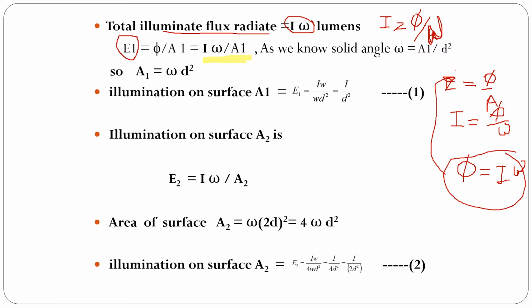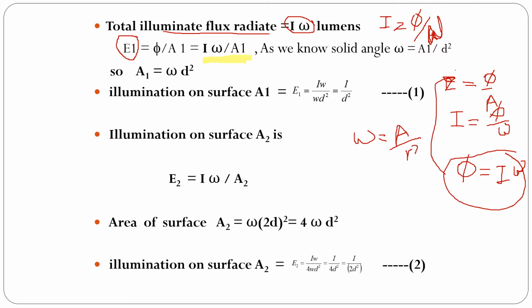Now we know that solid angle is equal to area upon r square. You can say d square.